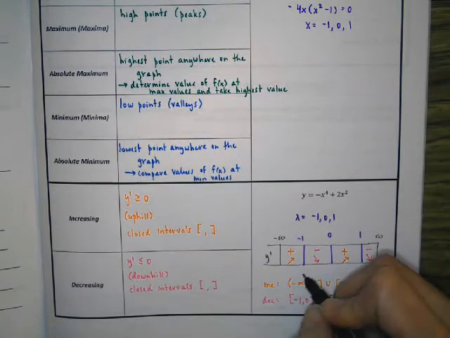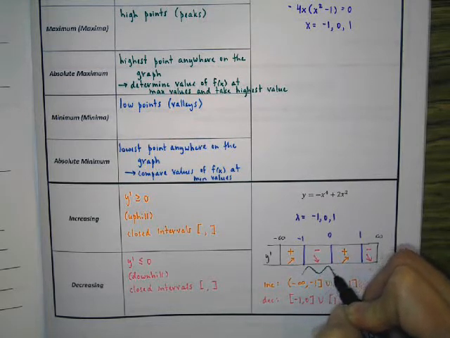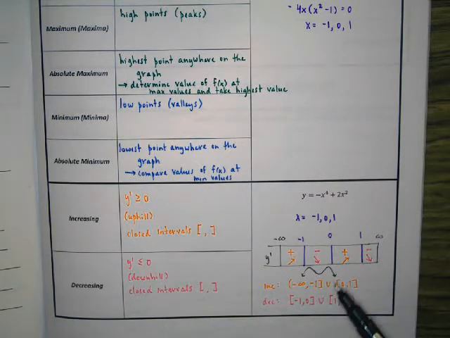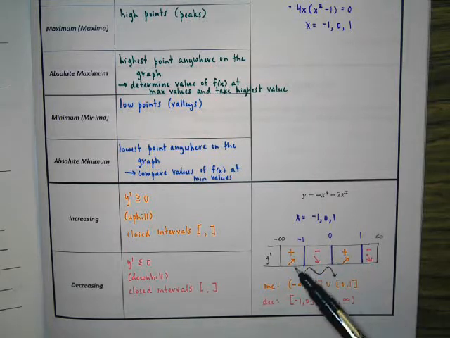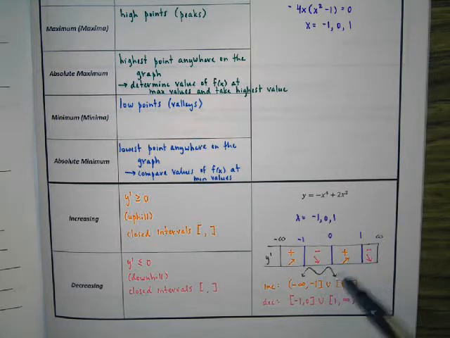It's telling me that it starts by increasing, then it decreases, then increases, and then decreases again. So I can start to put together a sketch of what this function looks like. So that tells me that I have maximum values wherever my derivative changes from positive to negative. We see over here again, I change from positive to negative, and that's a max value.